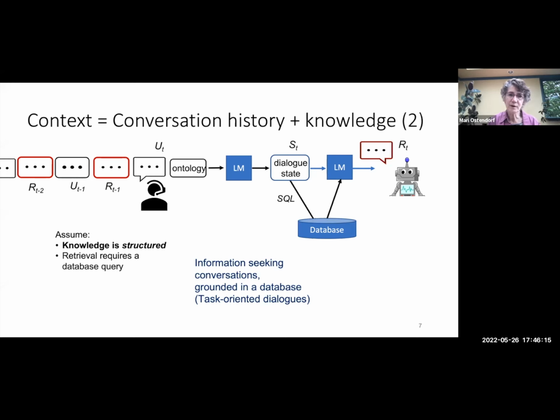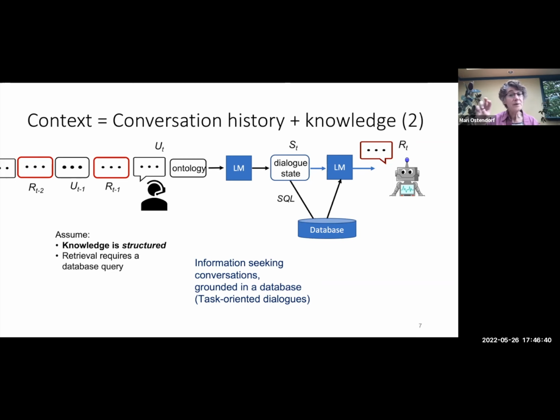And so here, what we're going to do with our language model is tack on the ontology to the prefix in addition to the whole history, use that language model to generate a dialogue state. Then you can use that dialogue state again in another language model to generate the response.